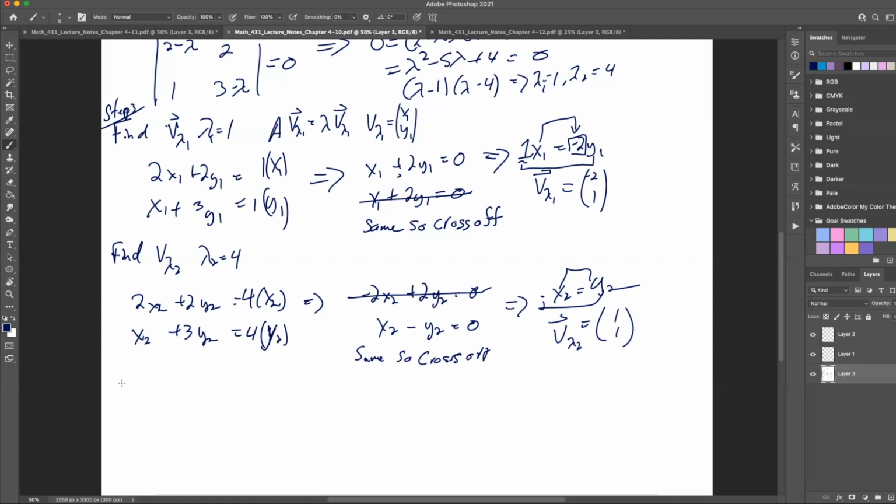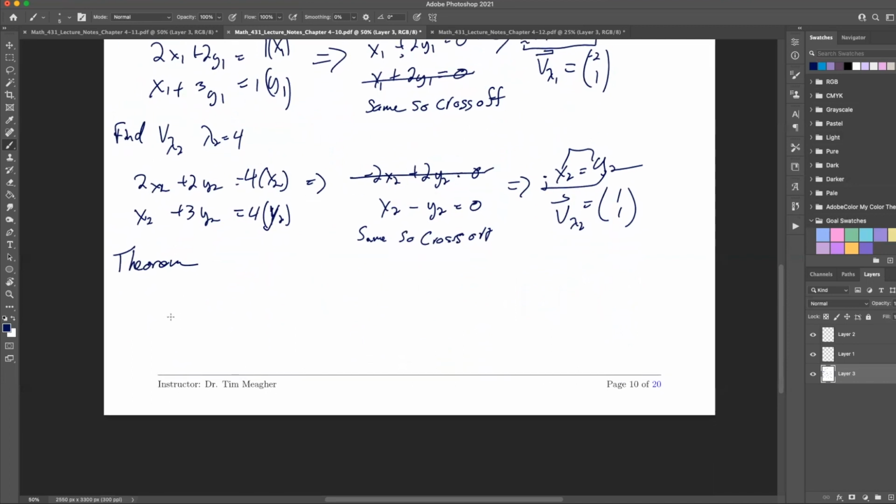Now from our theorem, for our answer, we have a solution: y of t equals k1 e to the lambda 1 t v lambda 1 plus k2 e to the lambda 2 t v lambda 2.